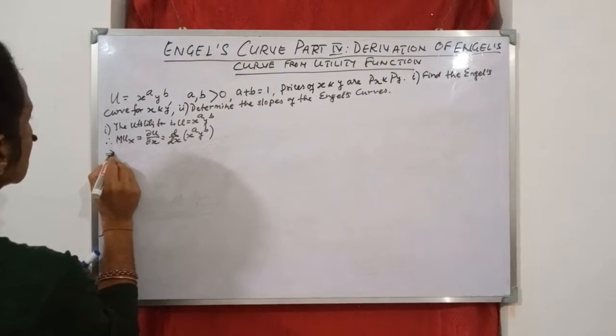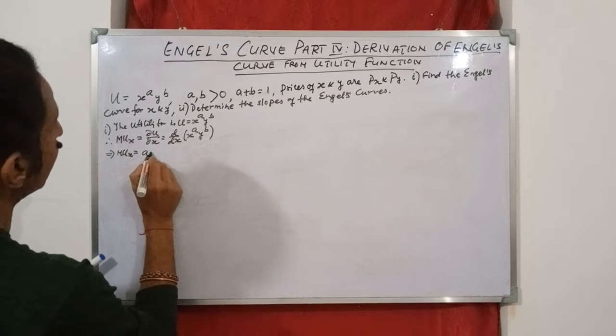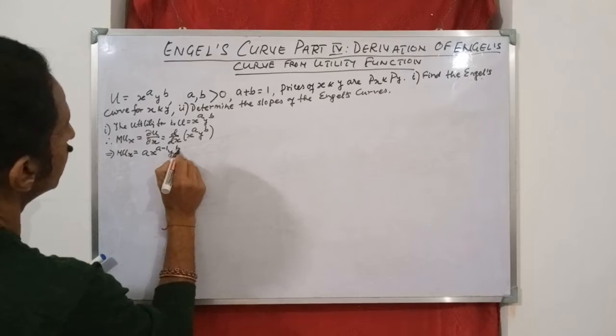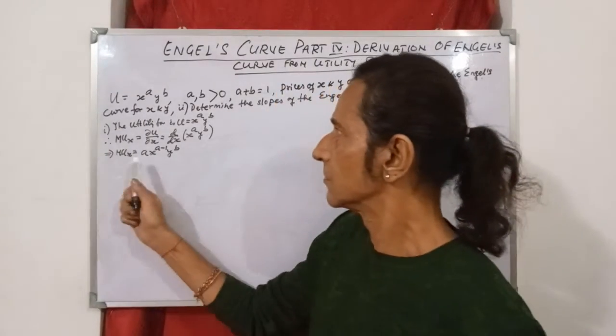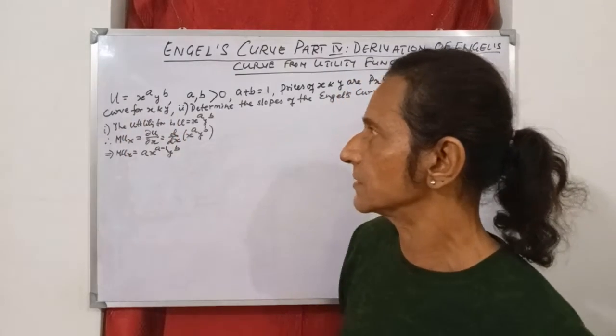This gives us mu x equals a x to the power a minus 1 y to the power b. So this is the marginal utility of x according to this utility function.